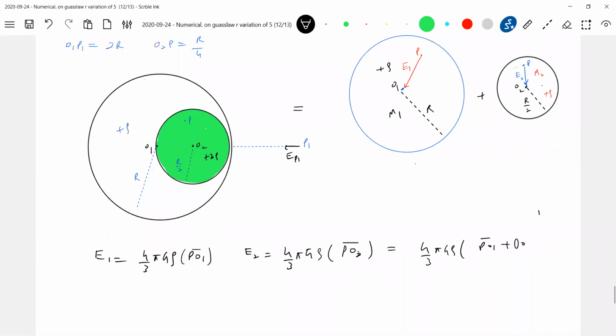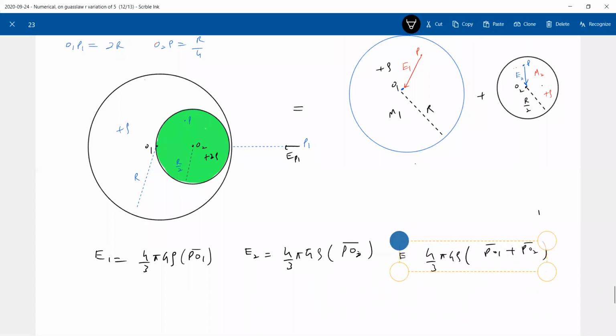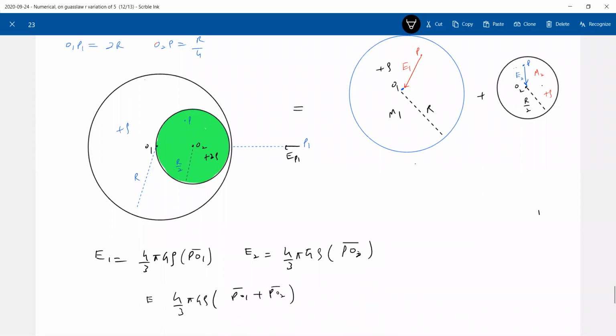So if you understand, it will be PO1 bar plus PO2 bar. Substitution E equal to E1 bar plus E2 bar.